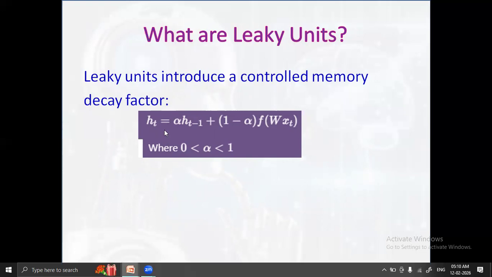The equation is ht = alpha times h(t-1) plus (1 minus alpha) times f(W xt), where the alpha value is between 0 and 1. It introduces the parameter alpha that determines how much past information is retained. This mechanism ensures that memory does not disappear abruptly and provides a smoother transition between old and new information.